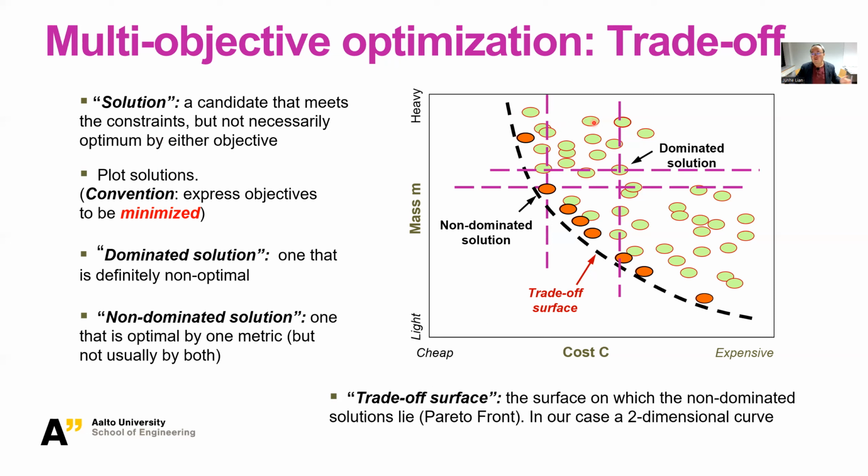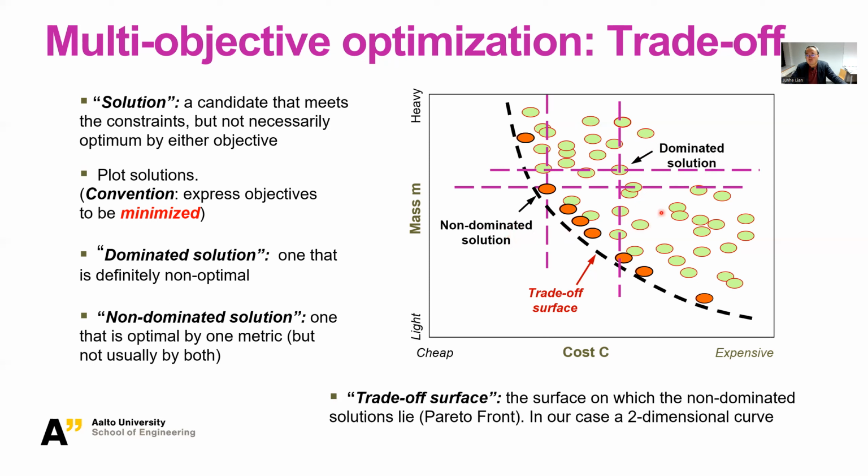You have already finished your screening and you plot all the remaining candidates in this diagram. But naturally you will see the candidates have two different groups. The first group is the so-called dominated solutions, and the other is the so-called non-dominated solutions.